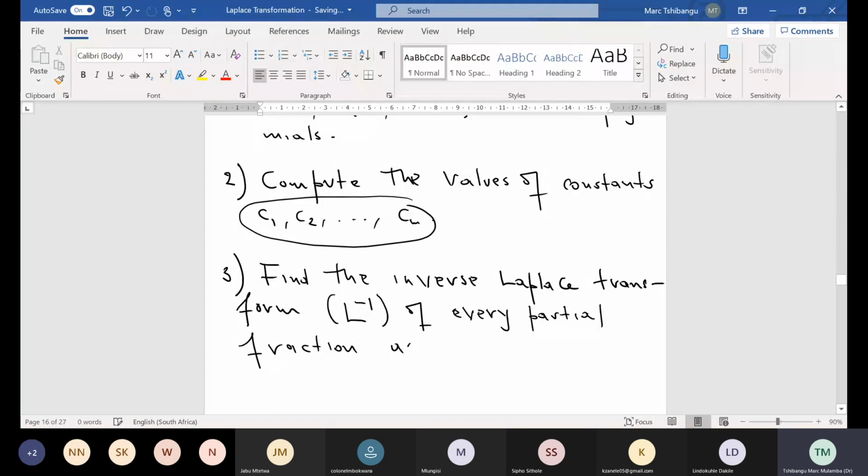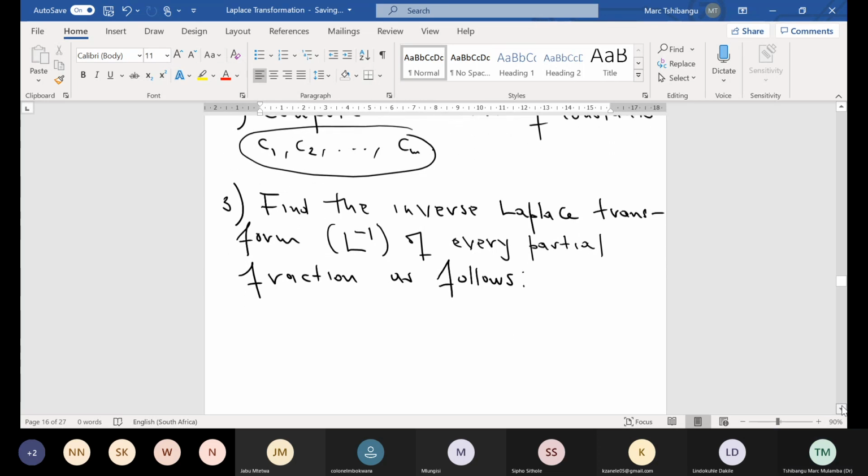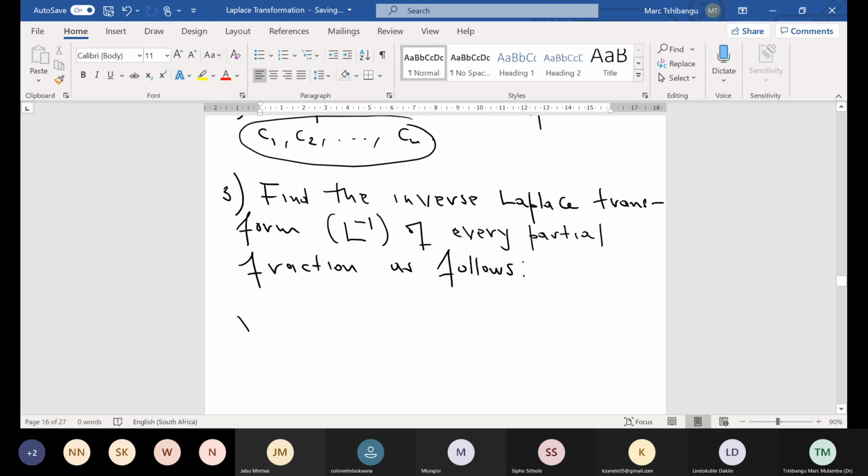So you do it as follows. When you invert the Laplace transform, you're going to go from the S domain to the T domain. Initially, the Laplace transform in S domain was capital Y(s). After the inversion, you're going to have small y(t), which will be equal to the inverse Laplace of the series of fractions.